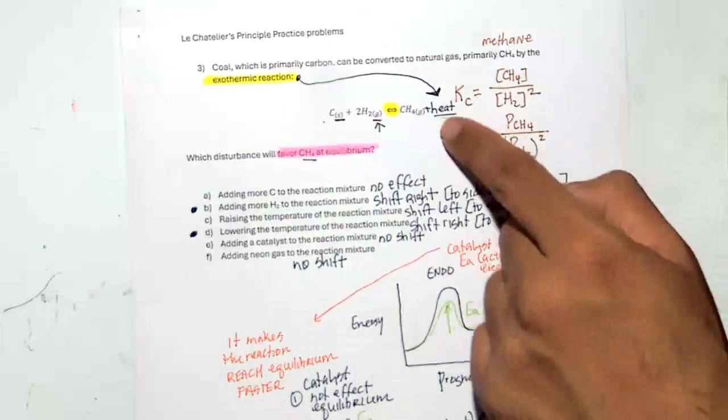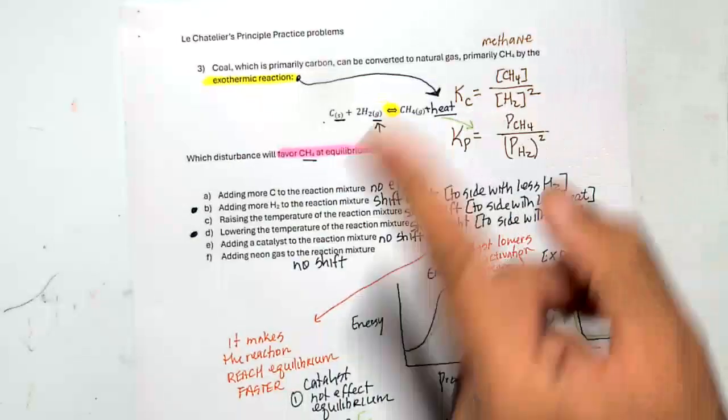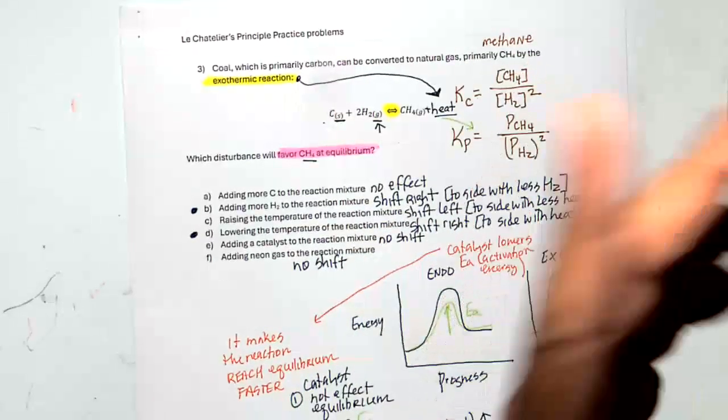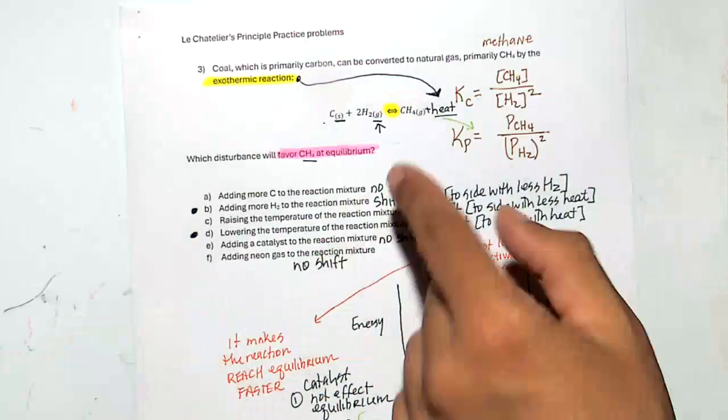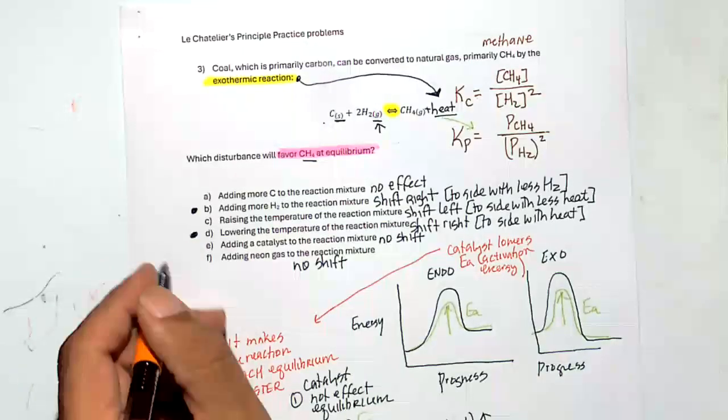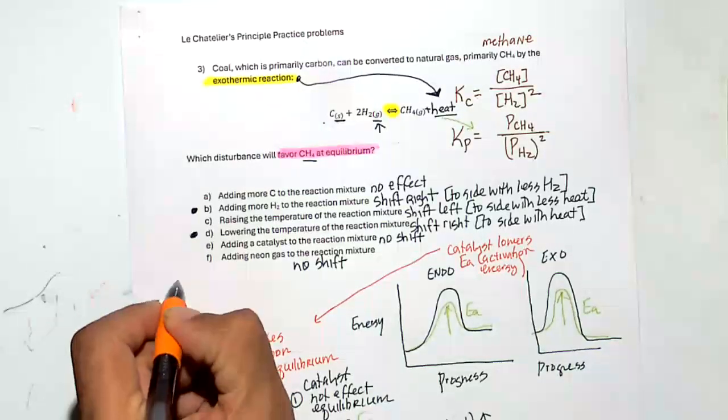Okay, the only thing that will change is if you increase or decrease the temperature, or if you change the gas concentrations by the pressure or the volume, or you add or remove the gas concentrations, right? Or the aqueous concentrations. So let me just say this before we move on to the next part here.